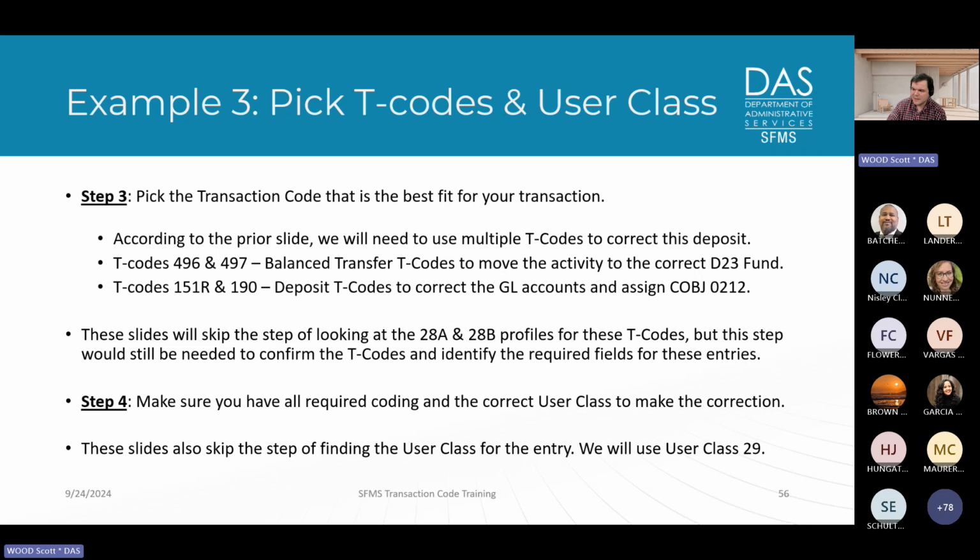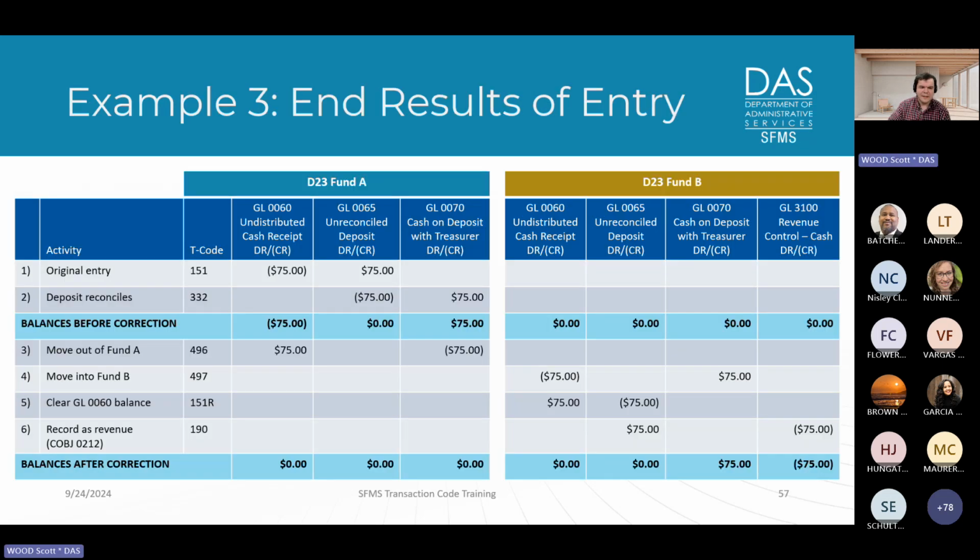We'll skip looking at the 28A and B screens for brevity's sake and searching for UC. The needed UC for these transactions is UC E29. And as you can see, this process is a lot more involved on the D23 Fund A side.